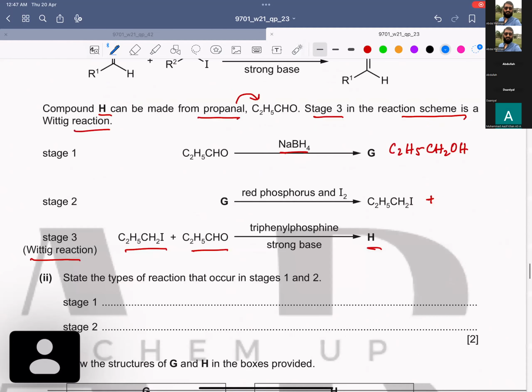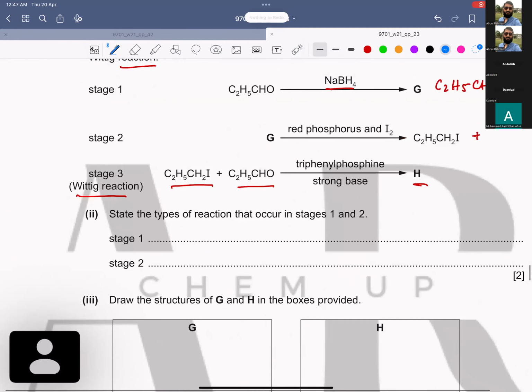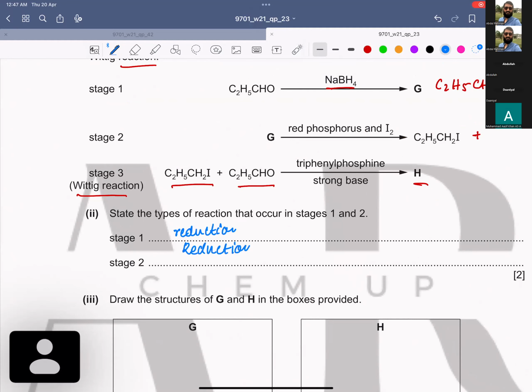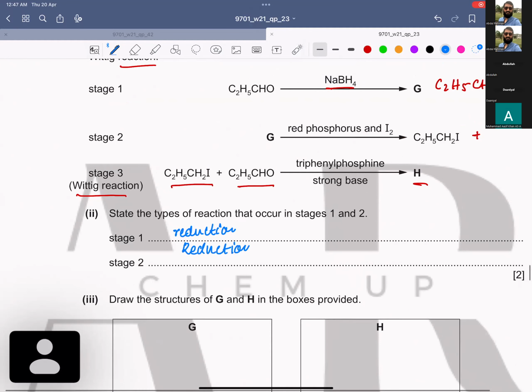So stage 1, when NaBH4 is used, it's a reduction. If we look at stage 2, no, we can't write reduction.